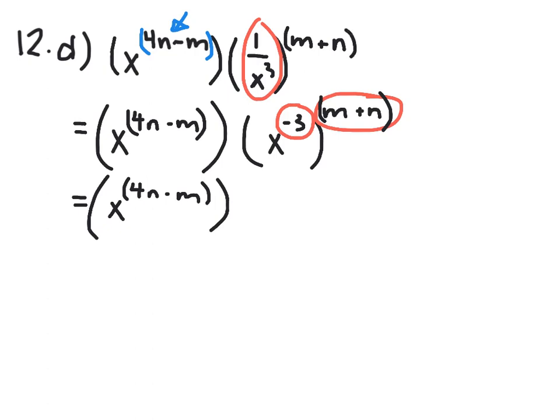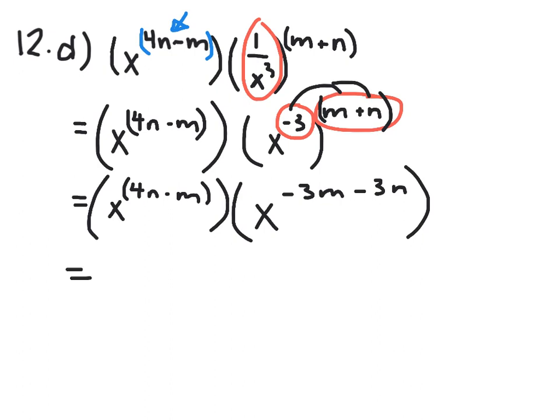This is x to the power of negative 3, all to the power of that. When you're doing a power of a power, you keep the base the same and you multiply these two exponents. So this is negative 3 times both of those things, which is negative 3m minus 3n.